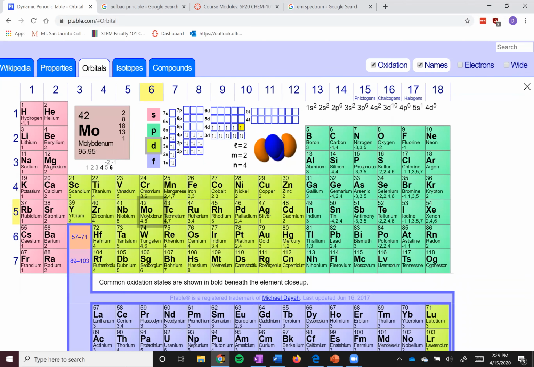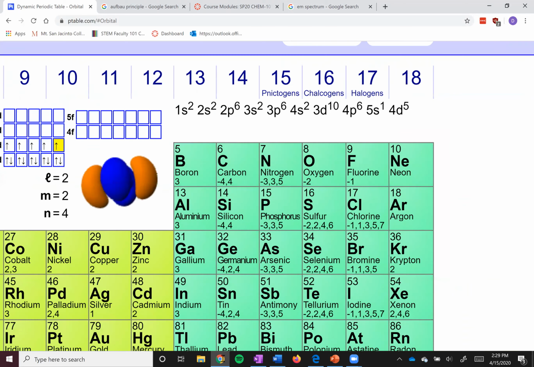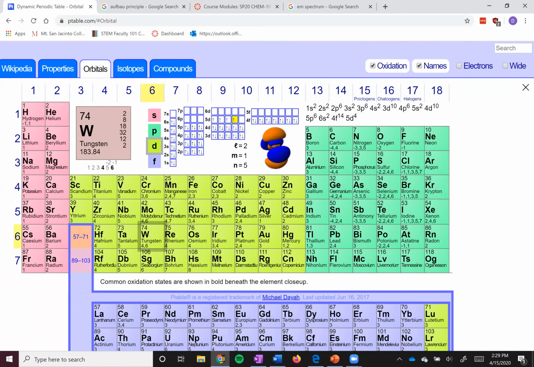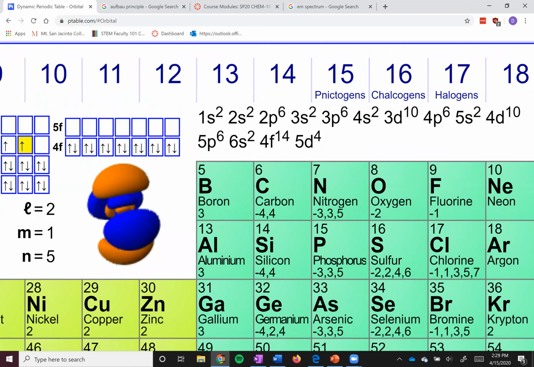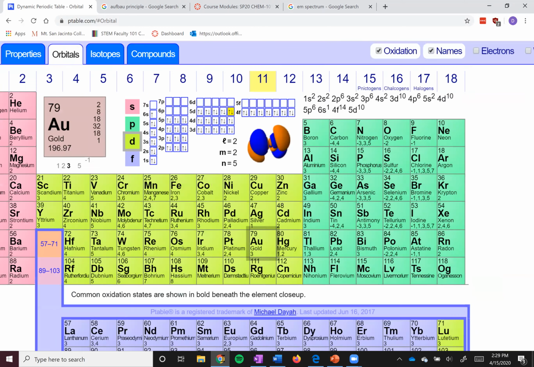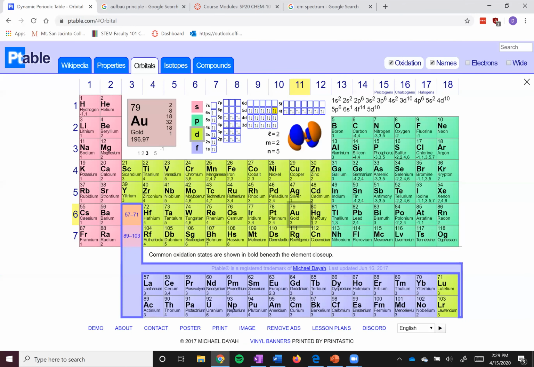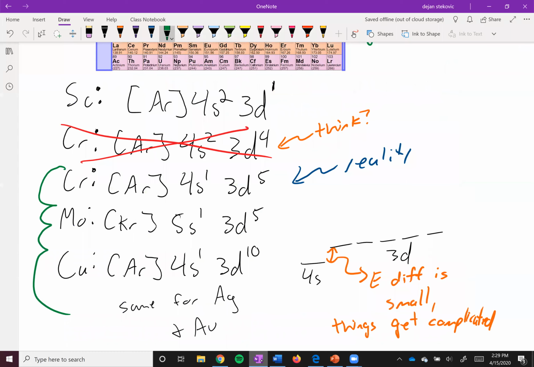And same thing for molybdenum, 5s1, 4d5. When you go down to tungsten, it actually doesn't happen. You see 6s2, 5d4. Weird. Copper, silver, and gold will do a similar thing. 6s1, 5d10. So just know those exceptions for transition metals.